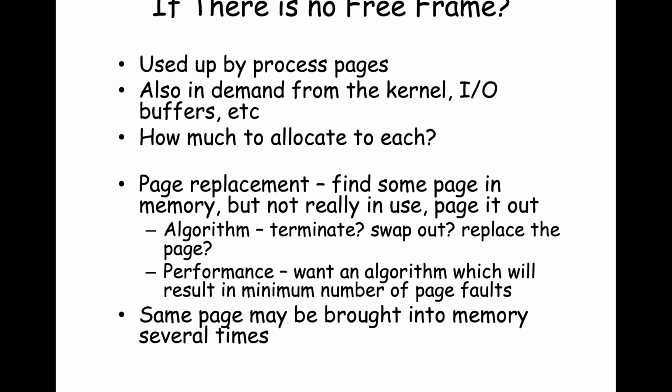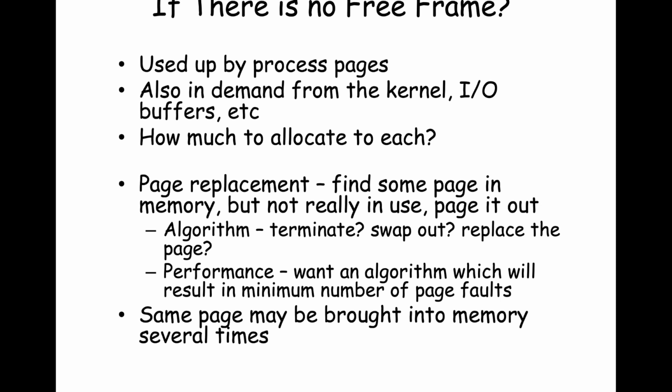In this segment, we'll talk about page replacement. Essentially, if you're running low or run out of free frames, you're going to find some page in memory that's not really being used, and you're going to swap it out to the backing store.